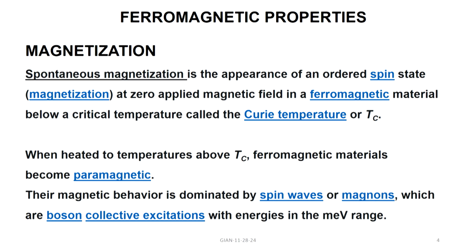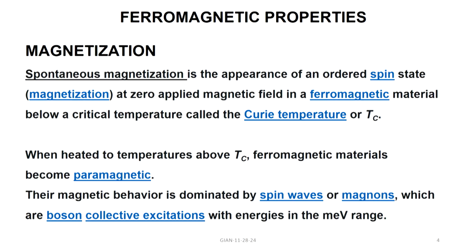Ferromagnetism is spontaneous magnetization, and it arises because of an ordered spin state in a magnetic material in the absence of any external field. It happens below a certain critical temperature, which we know is the Curie temperature. When heated above the Curie temperature, it becomes paramagnetic.